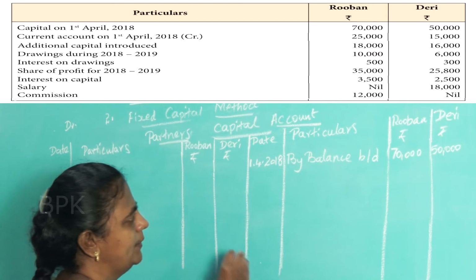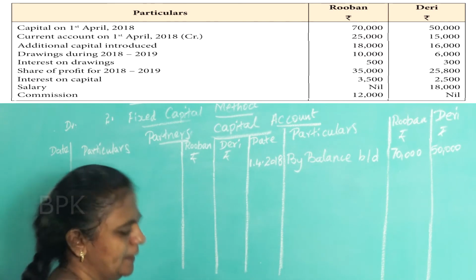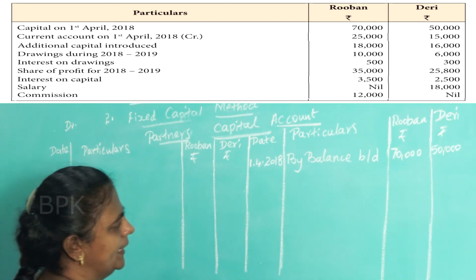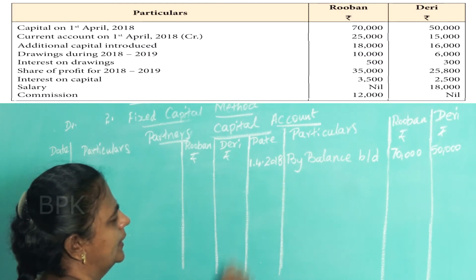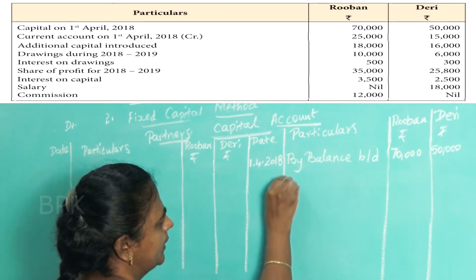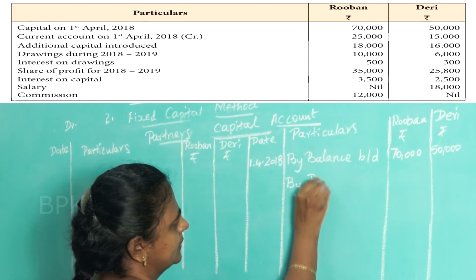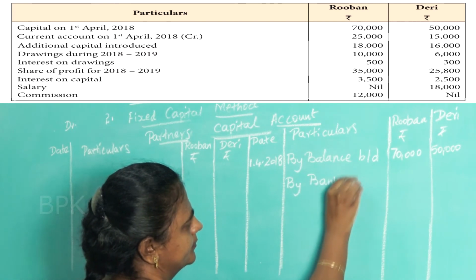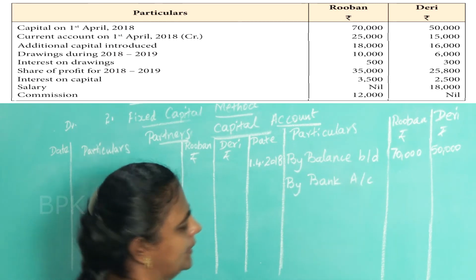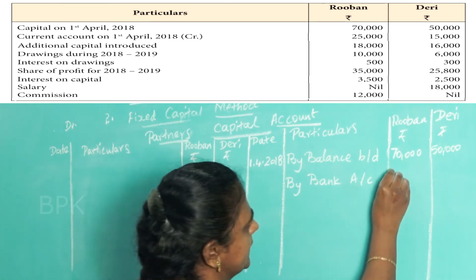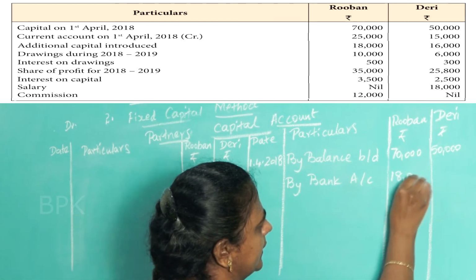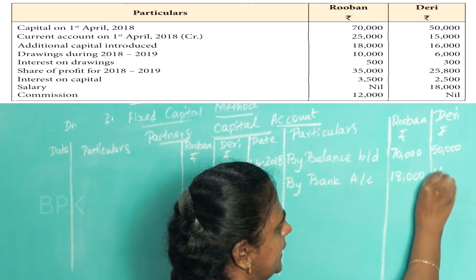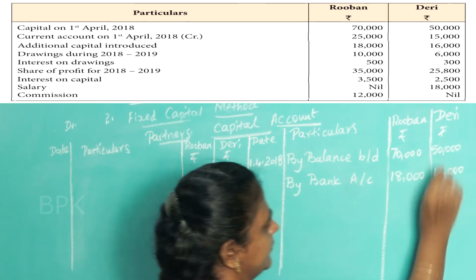So additional capital, when it is introduced, you see the date there. Date is not given there. Additional capital. So you write like this: by bank account, 18,000, 16,000.